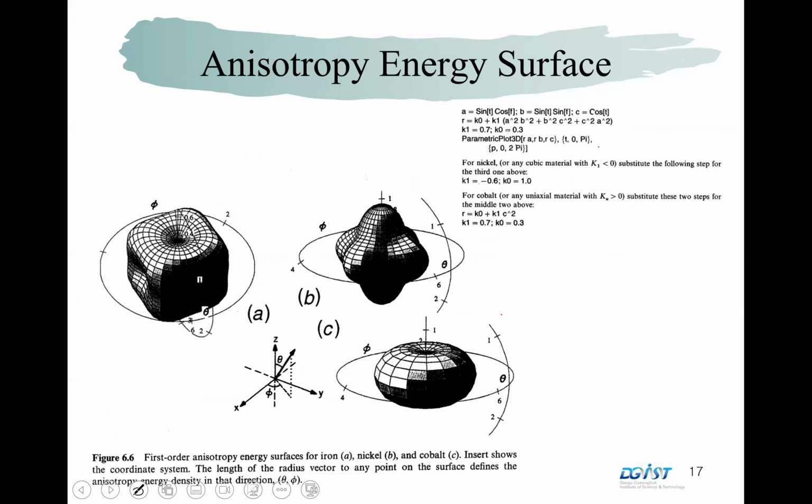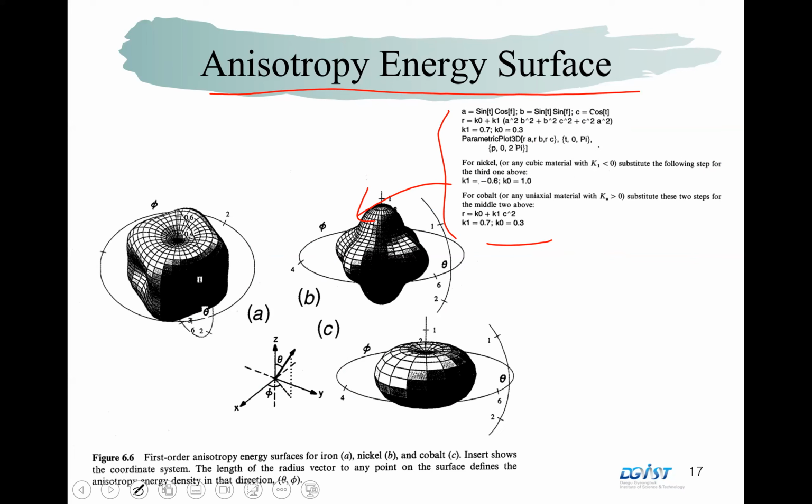Okay. So if you draw the anisotropy energy surface, this is the simple code for Mathematica. Do you know Mathematica or Wolfram Alpha? This generates this kind of cartoon. Here, the direction from the origin to the surface is related to the energy.